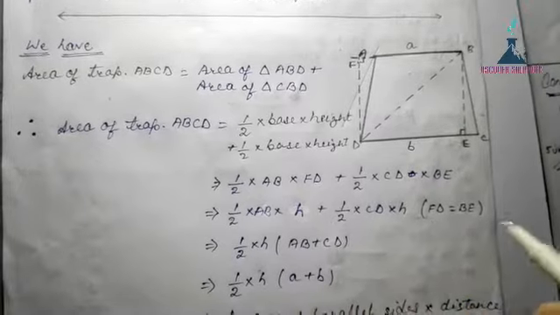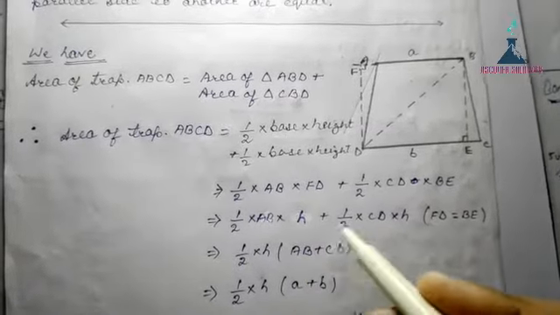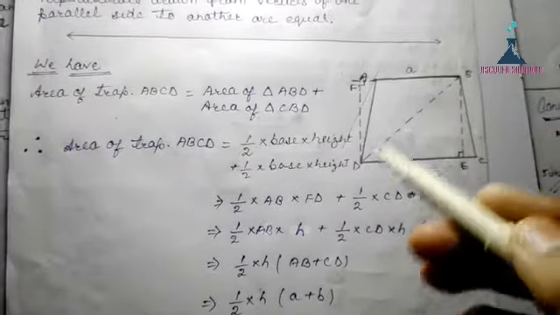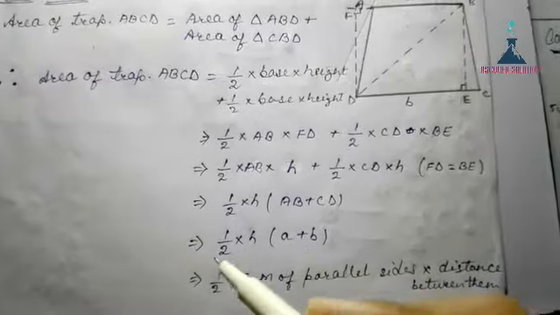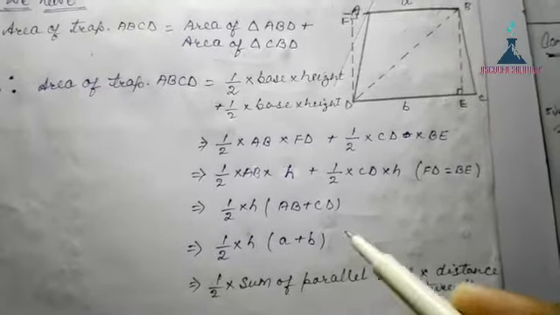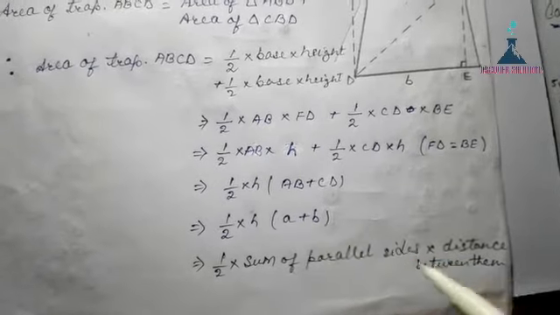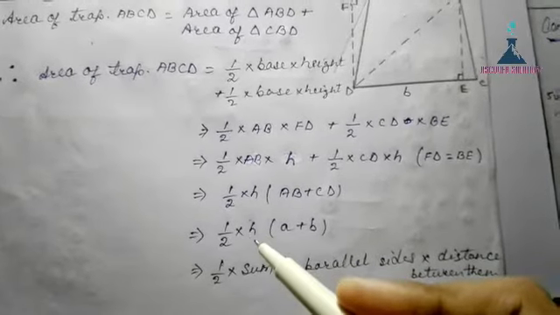We take half h common, (AB plus CD), and as I have taken AB equal to a and CD equal to b, we put that in and get half into h into (a plus b), which is half into the sum of the parallel sides, a plus b, into the distance between them, that is height.